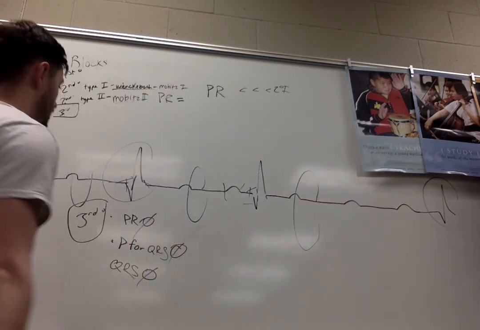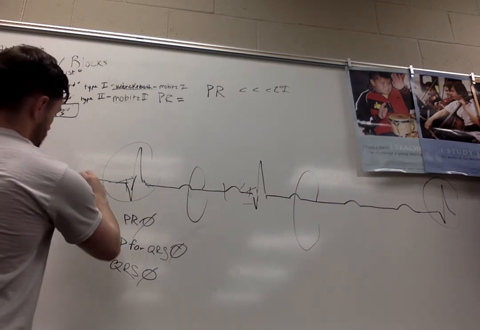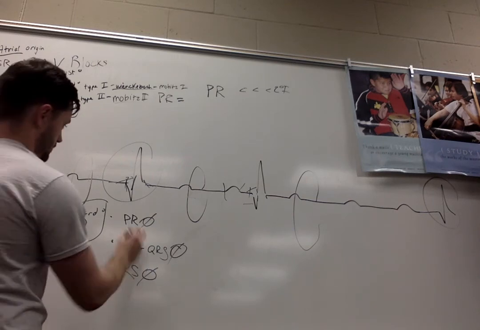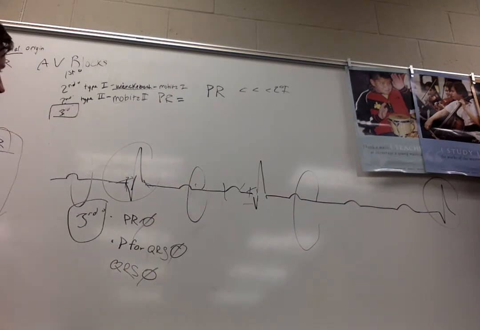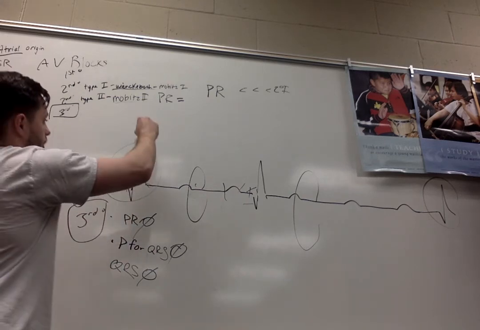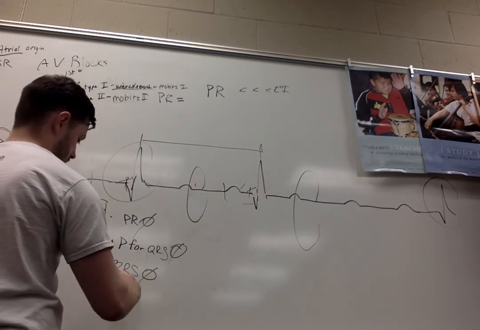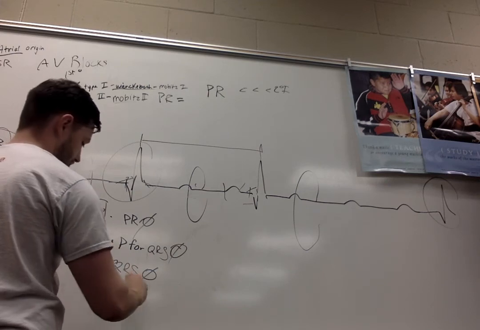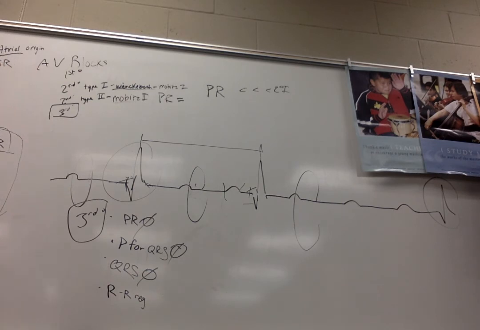The next thing you look at is obviously PR. Okay, you can't, because not all P waves have QRS. But you start looking at the rate, the R to R. R to R is typically regular. Because what is this patient living off of right now?